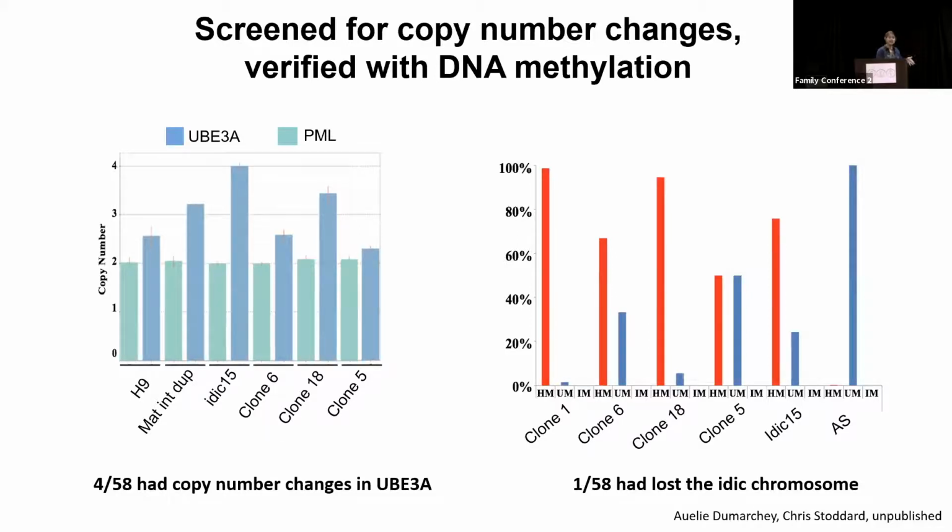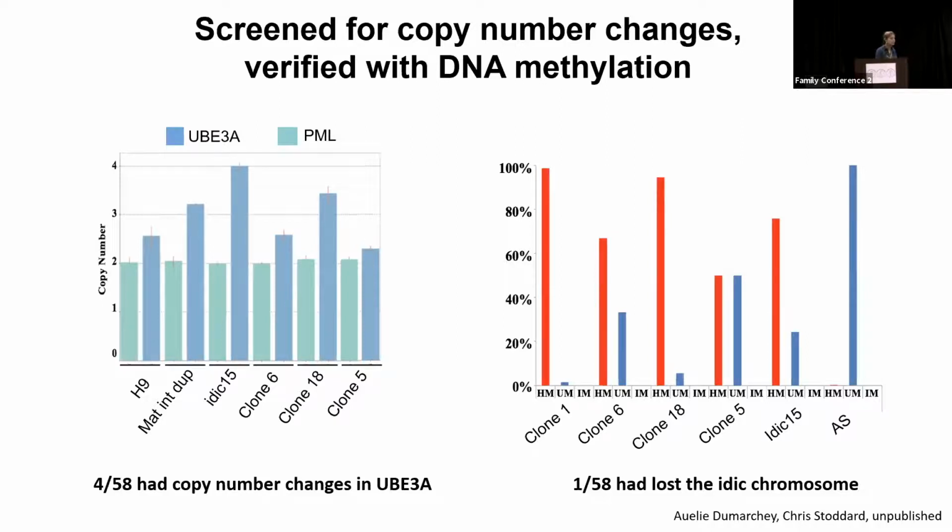Everything that's remaining is 100% methylated, so we lost the paternal allele. Clone 6 looks like it lost one of the maternal copies. We don't know if this was on the idic chromosome or if this is on the parent chromosome. Let's see, what was the other one? Clone number 18 also looks like it lost the paternal chromosome because it's almost 100% methylated.